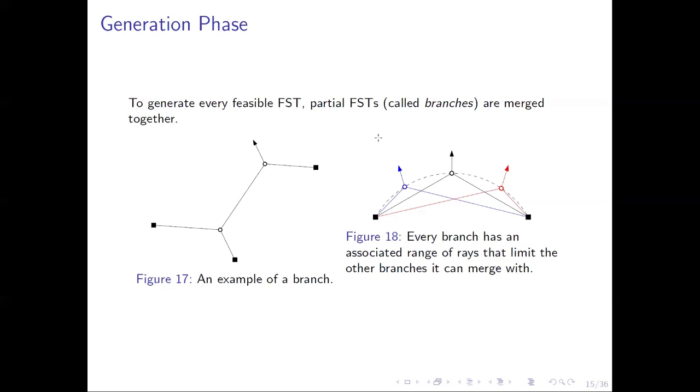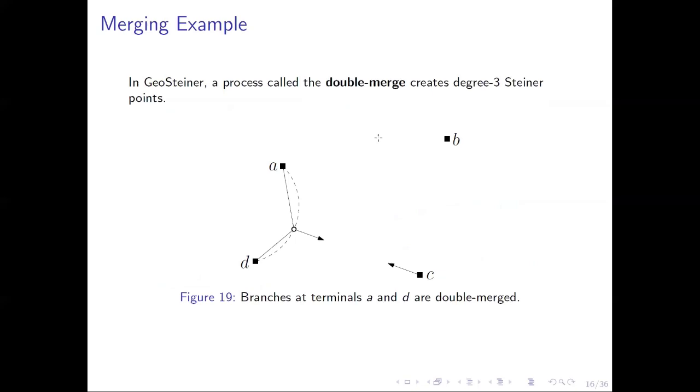I know it might not be very clear, so we'll go through an example just to get an idea. Remember that in the k-Steiner algorithm, we only have 3 Steiner points. So we have these processes called the double merge, which creates these 3 Steiner points. Initially, you're going to begin with these little branches at terminals A and D, and you'll perform a double merge.